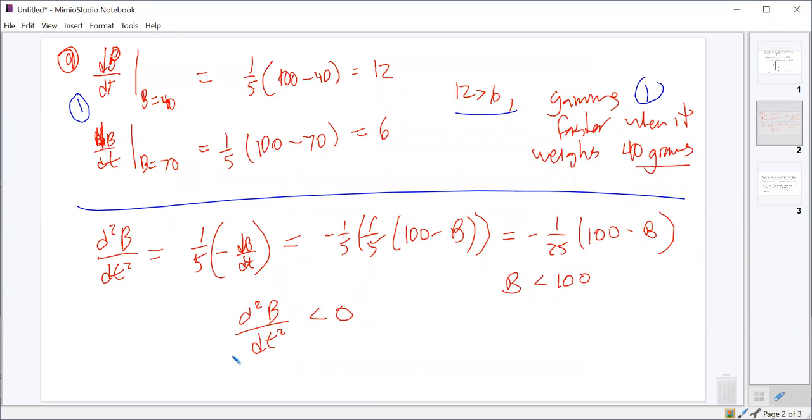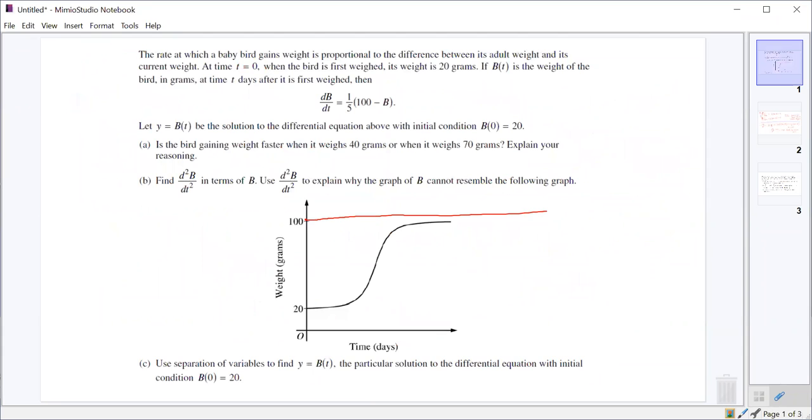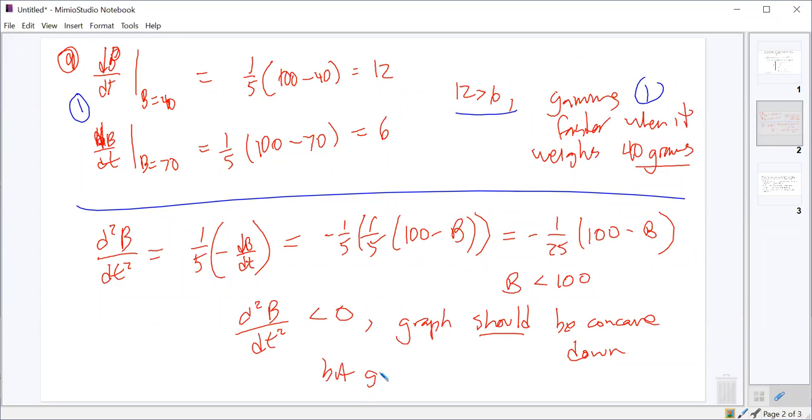So if the second derivative is always negative, the graph should be concave down. But if we go back and look at the graph, it is clearly concave up at the beginning, and therefore it cannot resemble it. So we'll just say that's why: the second derivative is always negative, the graph should be concave down, but it's not.